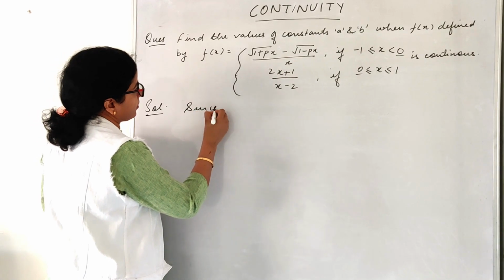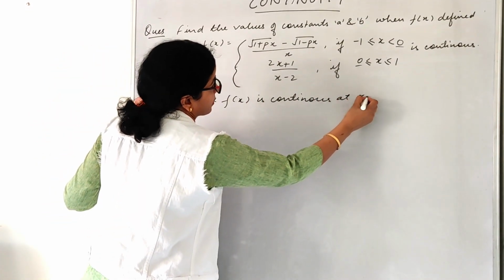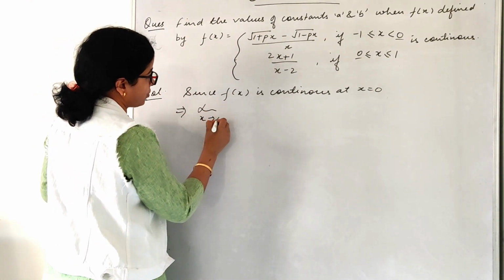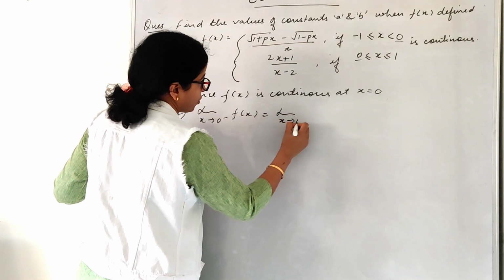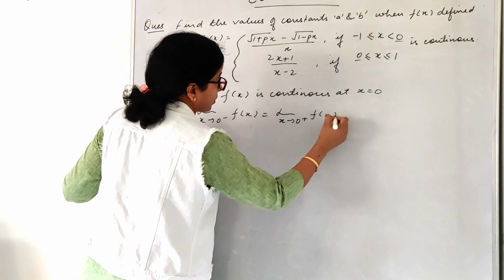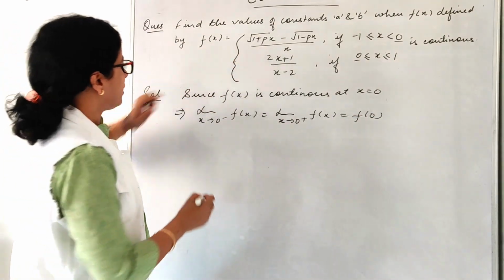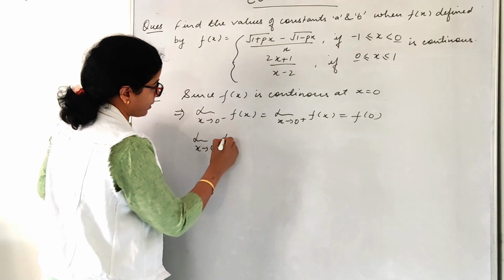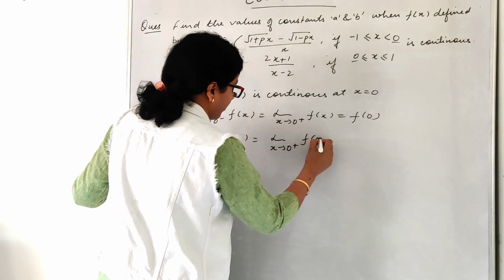So since f(x) is continuous at x equal to 0, this implies limit x tends to 0 negative f(x) is equal to limit x tends to 0 positive f(x) equals f(0), right? So now let us take this part. Limit x tends to 0 negative f(x) is equal to limit x tends to 0 positive f(x).